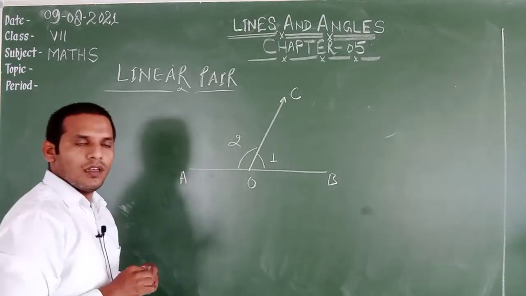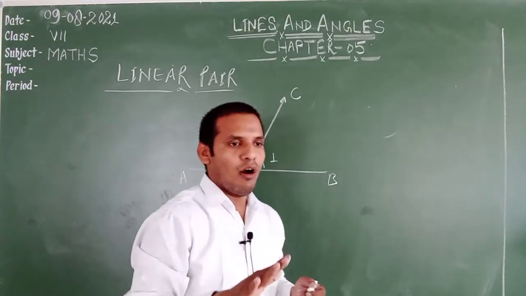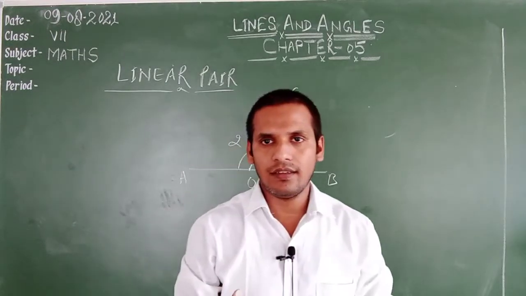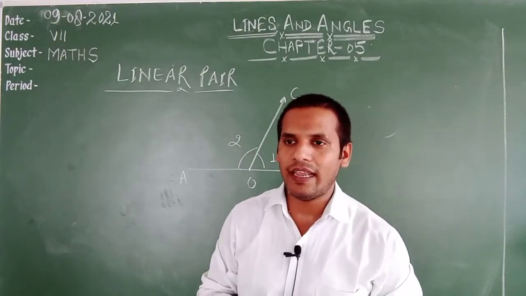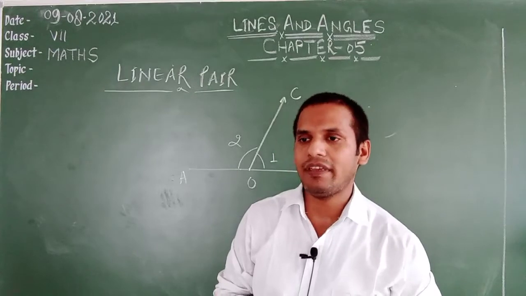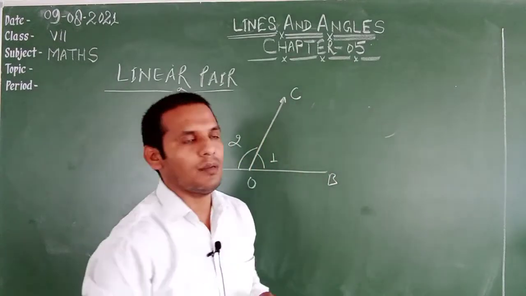In a linear pair, the sum of two adjacent angles is 180 degrees. Then we can say they are a linear pair.